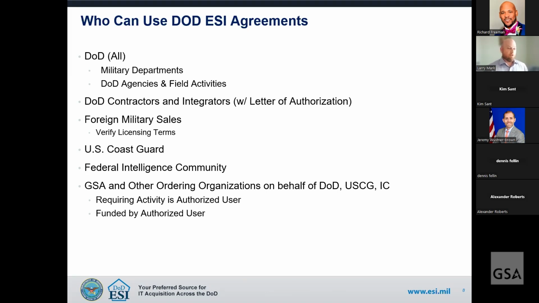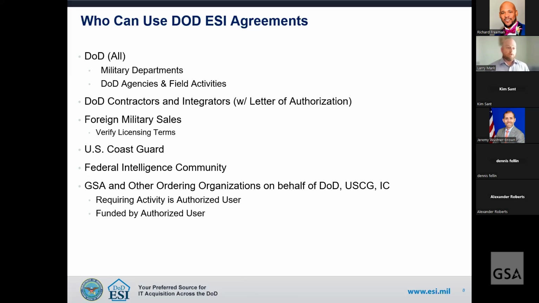If you're in foreign military sales, obviously if it's for DoD use purposes, it shouldn't be a problem. However, if the software is being used in something that is being sold or transferred to a foreign entity, just be aware of licensing terms where that may not actually be transferable. So you may not be able to use the ESI for those purposes.